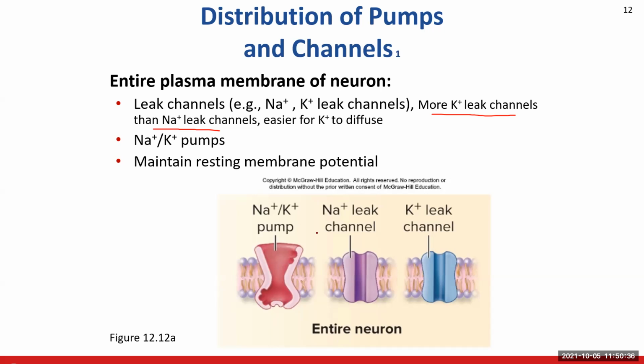For the length of the entire neuron, you have the sodium potassium ion pumps and the sodium potassium leak channels everywhere. Right. And so this is what's going to help, and we'll talk about what the resting membrane potential is. But for right now, know that the sodium potassium ion pumps help to maintain the resting membrane potential, and these leak channels will contribute to that resting membrane potential.